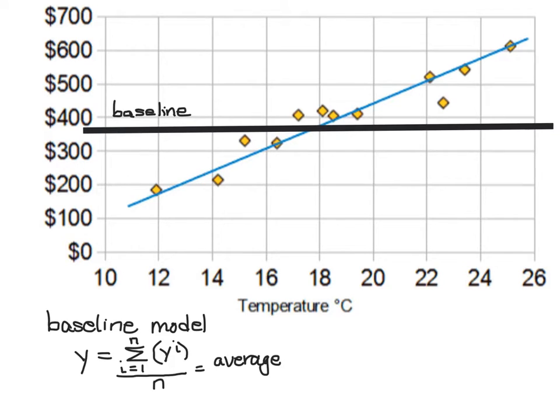The sum of squared errors for the baseline model is also known as the total sum of squares, commonly referred to as SST.